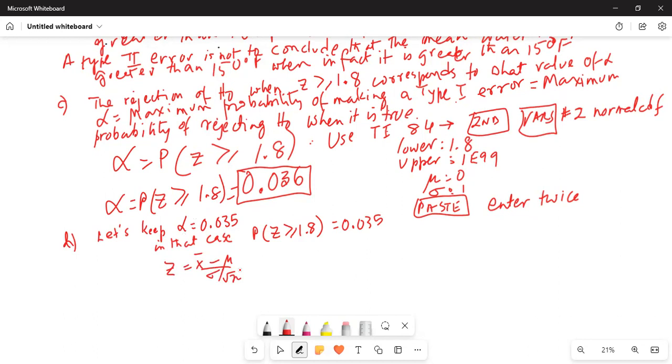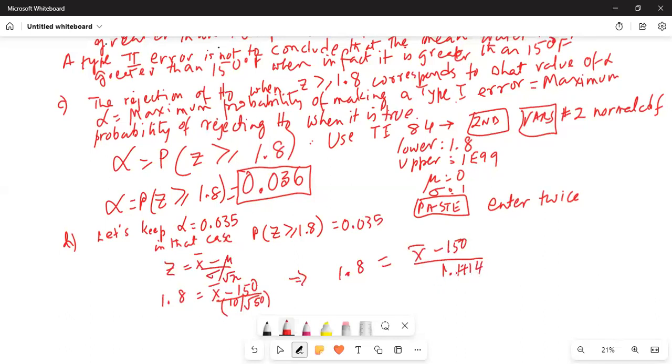So this is 1.8 is equal to x bar minus the hypothesized value 150, divided by the standard deviation 10 divided by square root of 50, the sample size. Basically this is equivalent to 1.8 is equal to x bar minus 150 divided by 1.414.